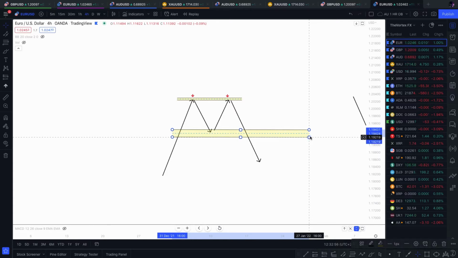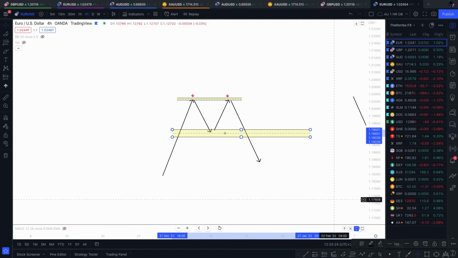So what I will do when I see this pattern, I will always highlight the zone in yellow, right, encompassing all the wicks in this area, because it's never as clear cut as we want. It's always very possible that it could be quite messy. So we highlight the bottom of the support to the top of the resistance, okay? Once we have that done, we can label it.